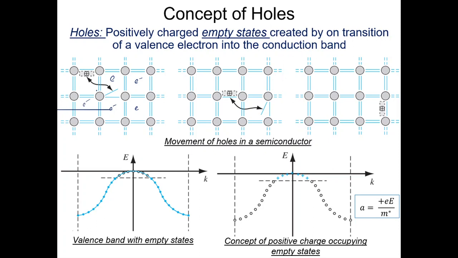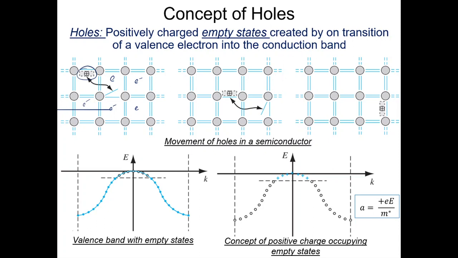Right? Now, as a function of this bond breakage, or the breaking of the covalent bond, we actually leave a positive charge at the atom site. Now, this positive charge is also an unoccupied state, or a bond which was broken.